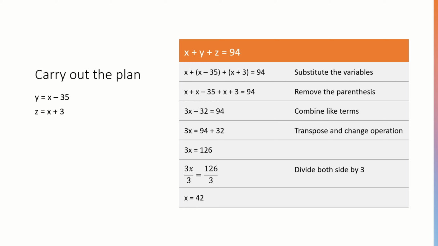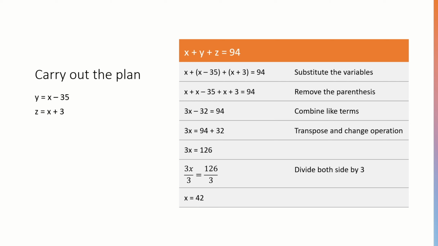So next, we will transpose the negative 32 to the other side of the equation and we will change the operation. So we will have 3x is equal to 94 plus 32. So when we add 94 plus 32, we'll get 126. So we will have 3x is equal to 126.